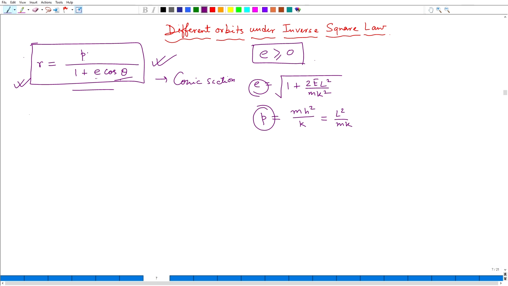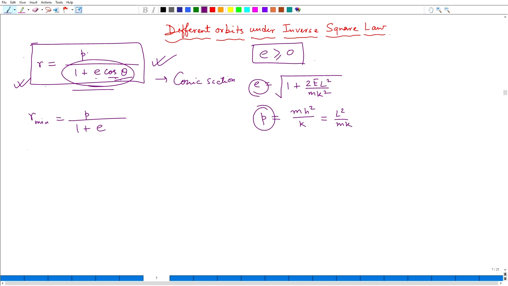And you know that, simply from this expression, it is quite easy to check that r will have its minimum value when this part, the denominator, has the maximum value, and when this is maximum, that means cos theta will also have a maximum value. What is the maximum value for cos theta? That is plus 1, and that is why r min will simply be equal to p by 1 plus e, with cos theta equal to 1.